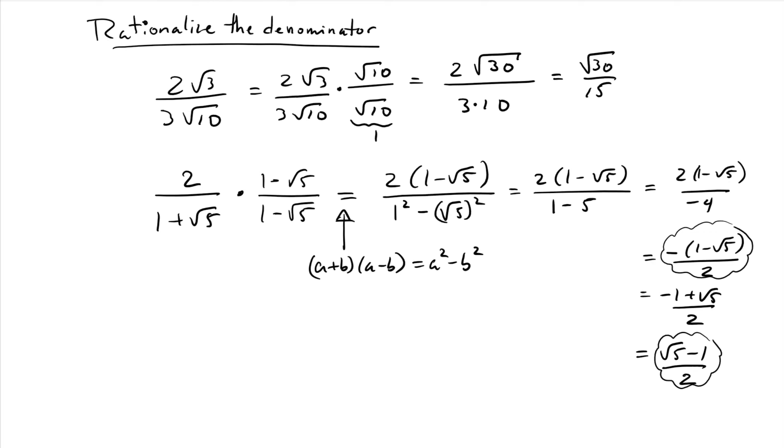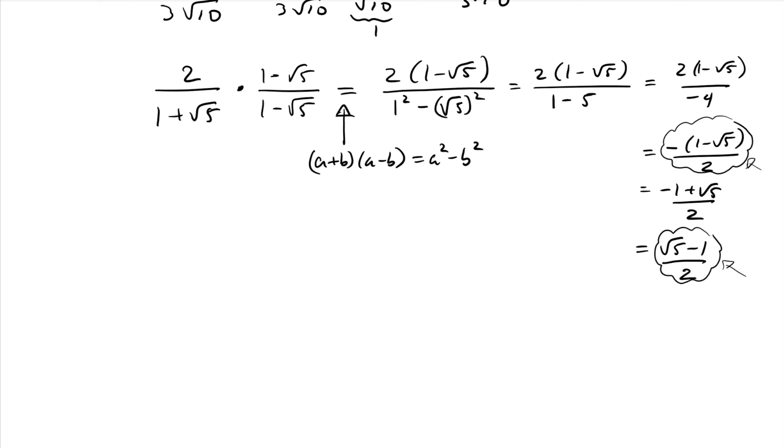So if we stop here, this is completely okay. But if you see that in the answers, just know that you can manipulate the answer a little bit to change the way the answer is written.